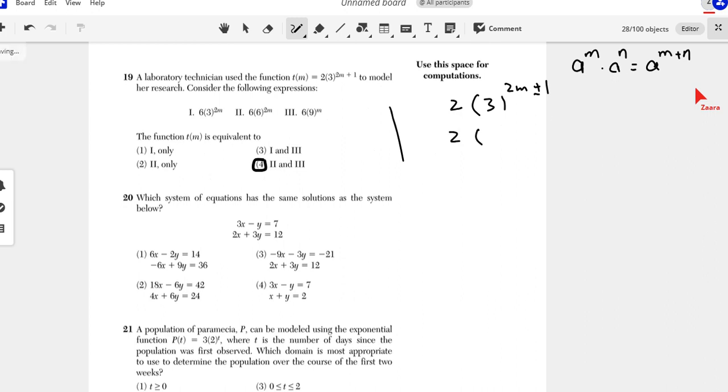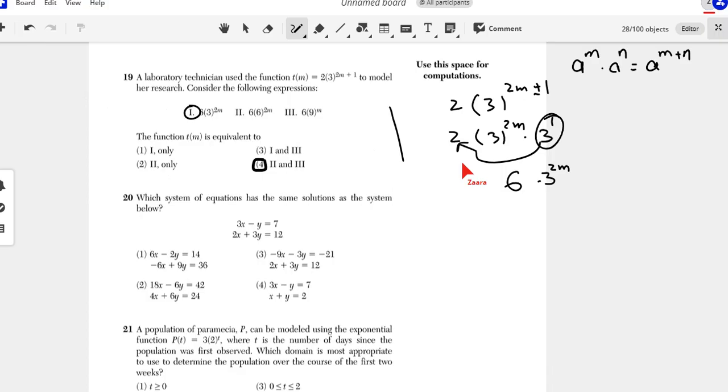So it can be written as 2 times 3 raised to the power of 2m times 3 raised to the power of 1. Clear? Then 3 raised to the power of 1 is 3, and 3 times 2 will become 6. So 6 times 3 raised to the power of 2m. So option 1 is true.